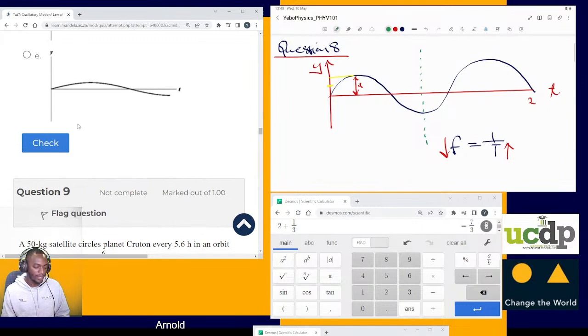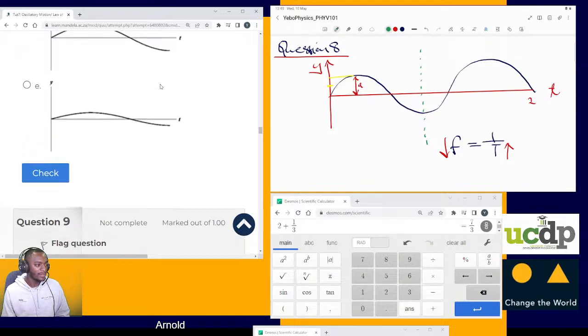And for the next graph, we see that the amplitude is halved and also the time has also reduced. So, which is what we were talking about, the amplitude should be like that.